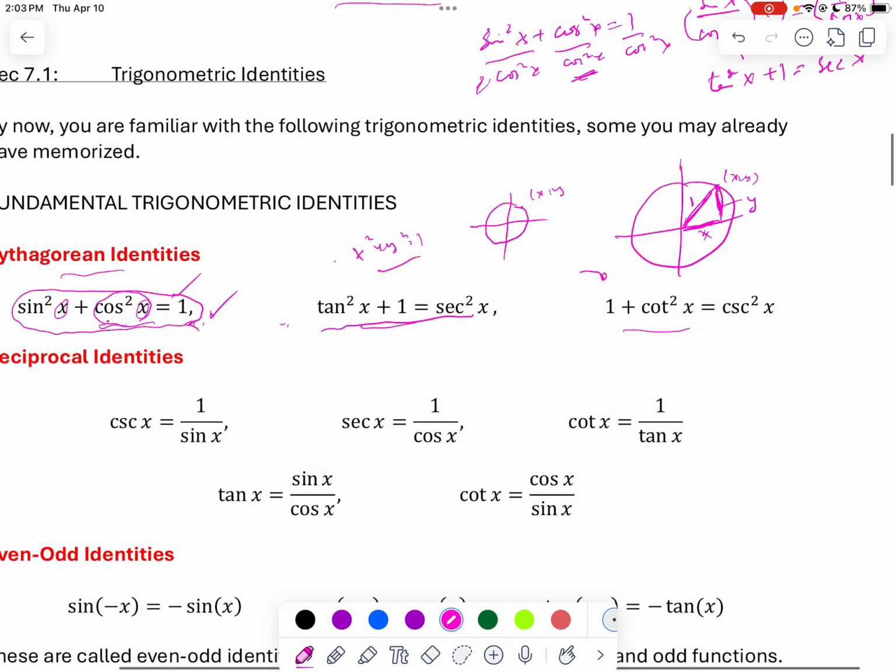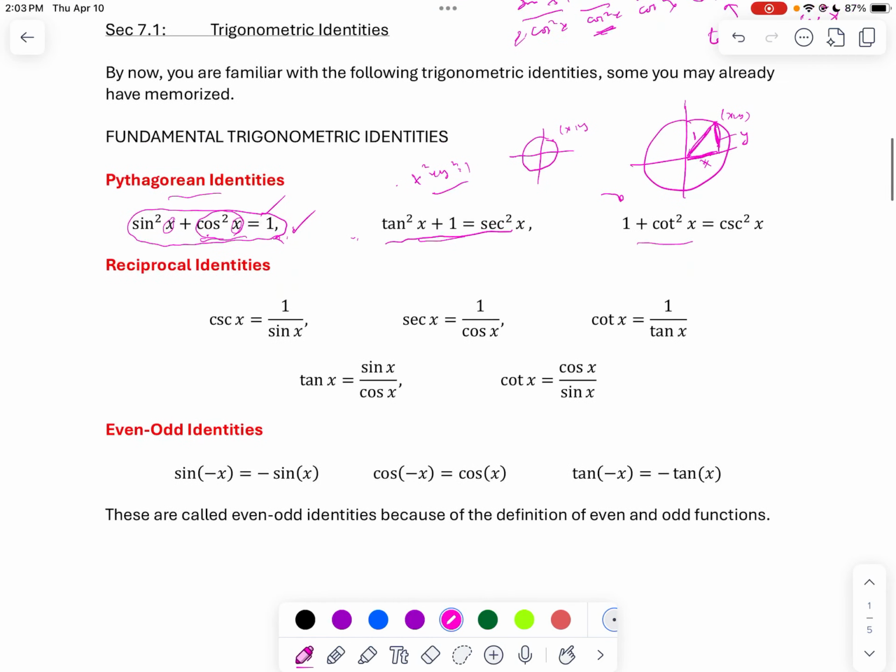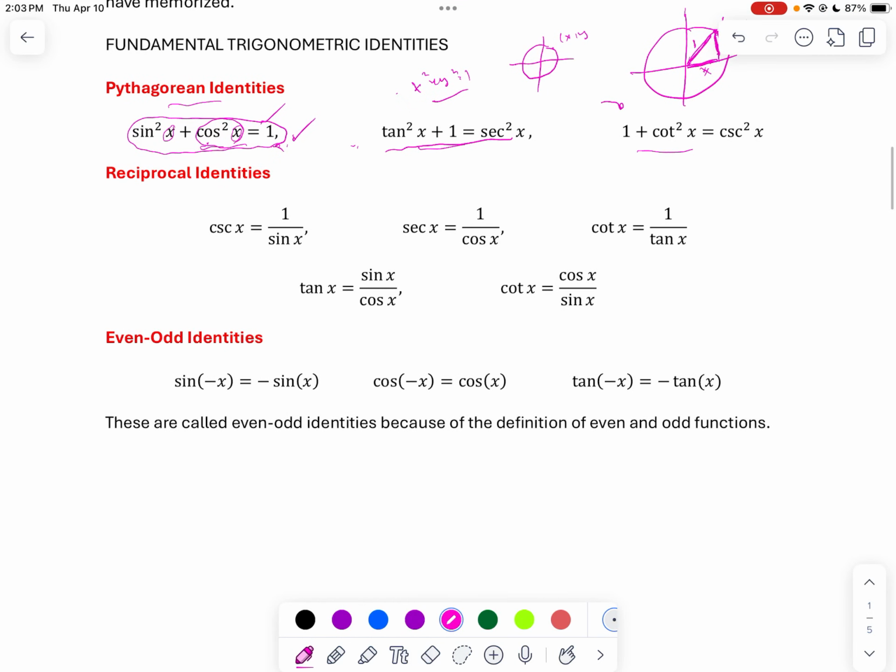The other types of identities that you need to review or recall are the reciprocal identities, which we already saw in chapter 5. So cosecant x is equal to 1 over sine x. Secant x is 1 over cosine x, and cotangent x is 1 over tangent x. But from here, you can also see that 1 over cosecant x is equal to sine x.